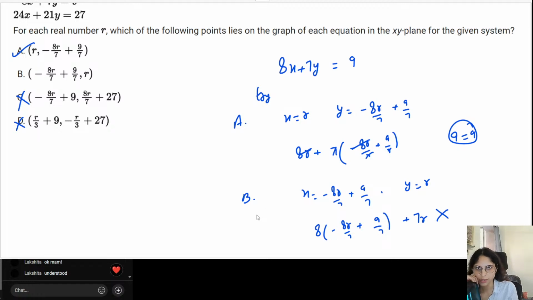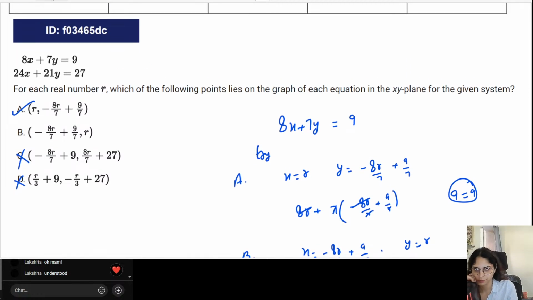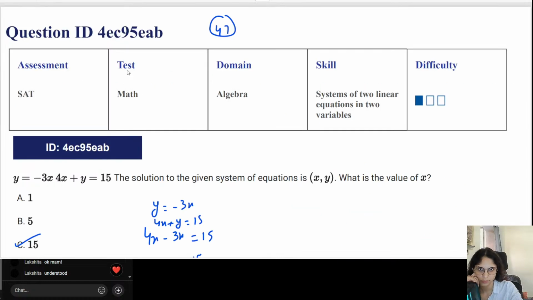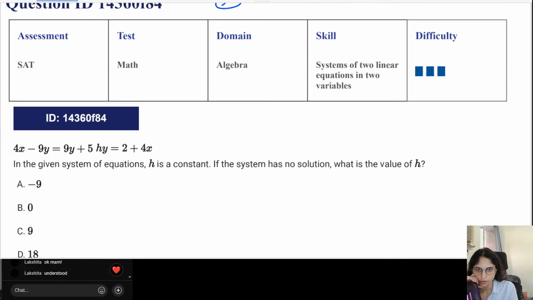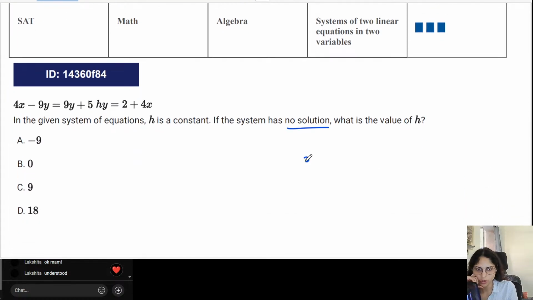Next is question number 52. Again, there is no solution. And again, this is a little bit different. So again, remove constant and compare x and y.